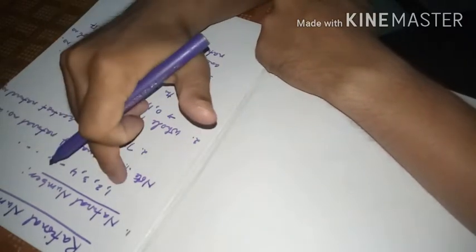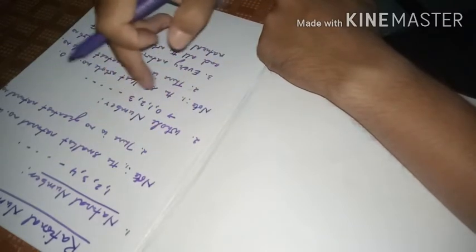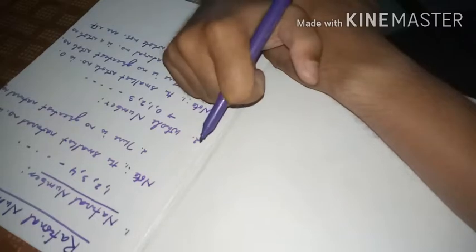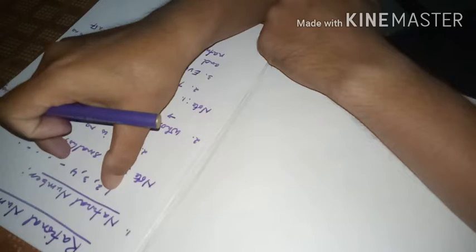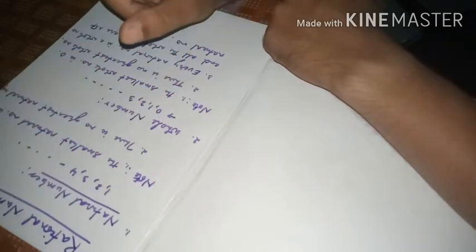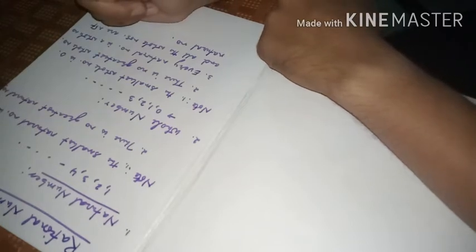Why? We already know the natural numbers start from 1 and the whole numbers start from 0. So this 0 is not included in the natural numbers. That's why all the whole numbers are not natural numbers. But every natural number 1, 2, 3, starting from 1, is included in the whole numbers. That's why every natural number is a whole number.